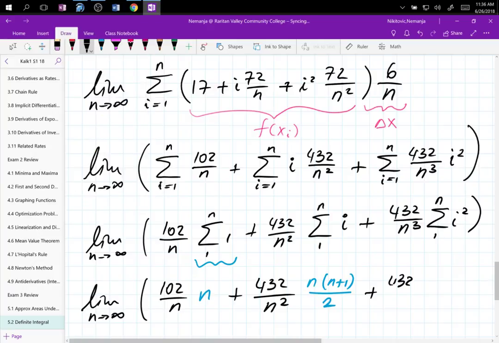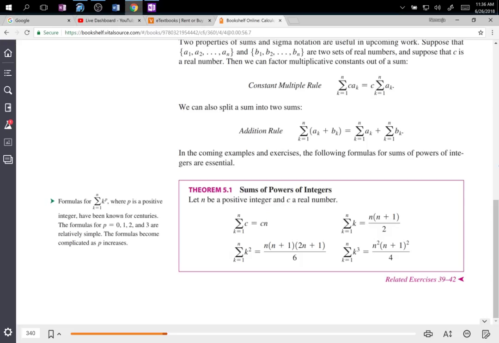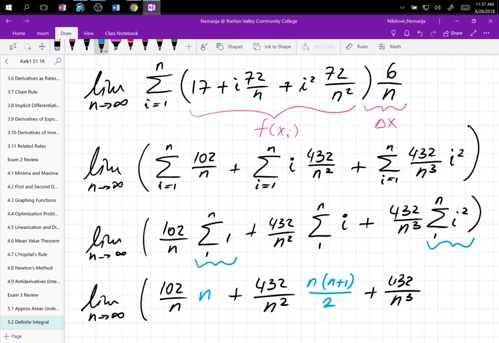Plus 432 divided by n cubed, and this one over here is, if I remember well, n plus 1, 2n plus 1, there we go, over 6.